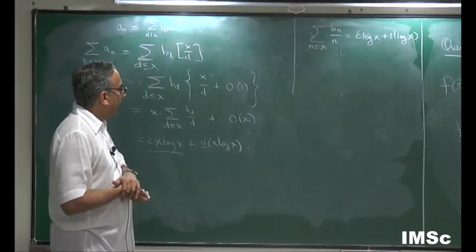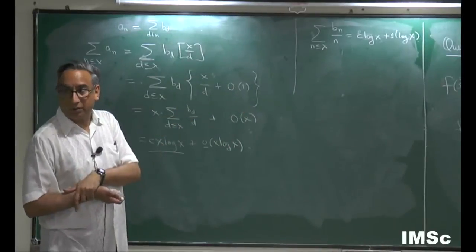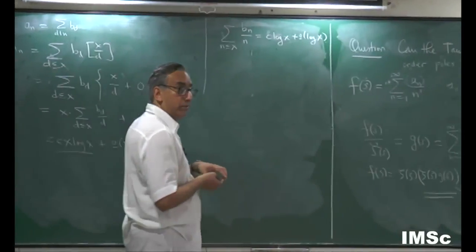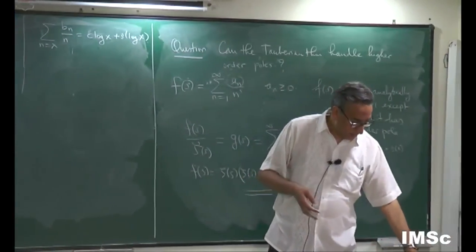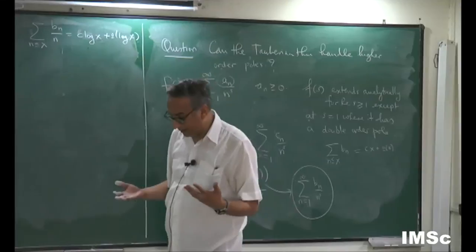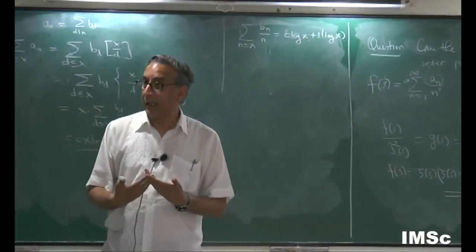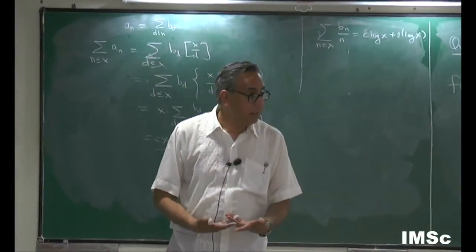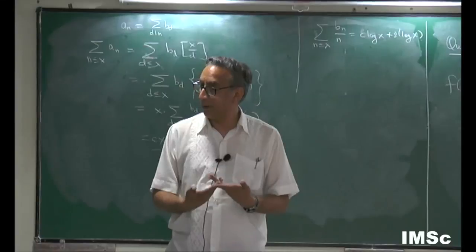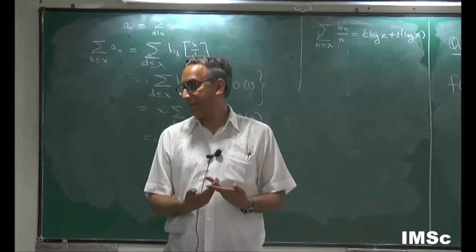All right. And of course, you can continue this procedure for higher order poles. So the Tauberian theorem does give you information. The philosophy is that if you have a Dirichlet series with analytic continuation to real part s bigger than or equal to 1, except at s equals 1, where it's got a pole of order k, then summation an should be like a constant times x times log x to the k minus 1.